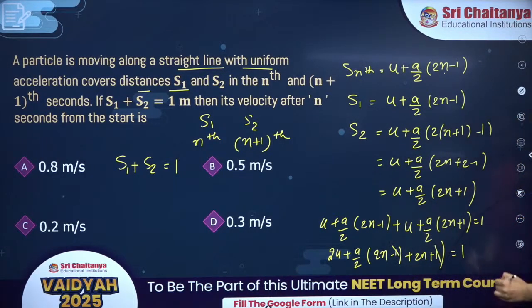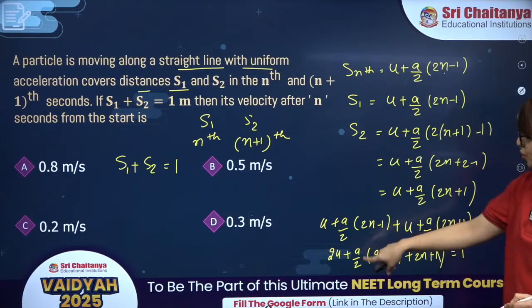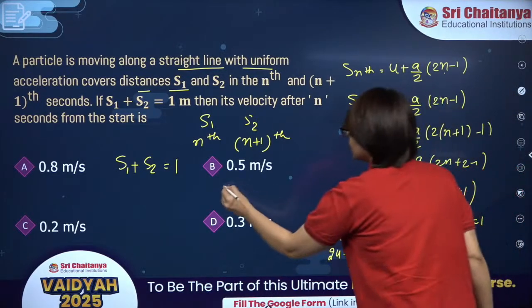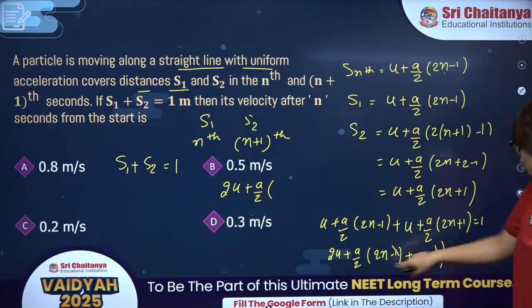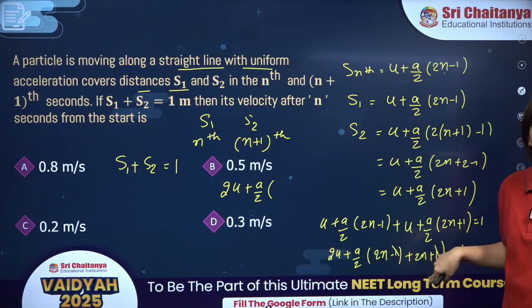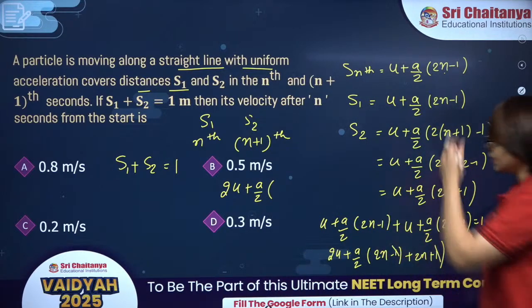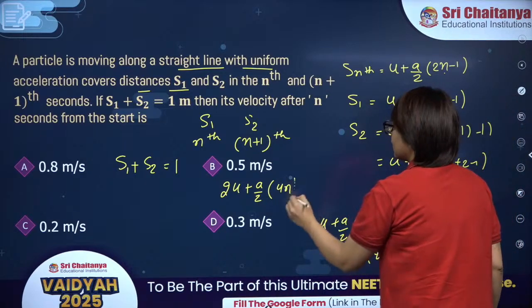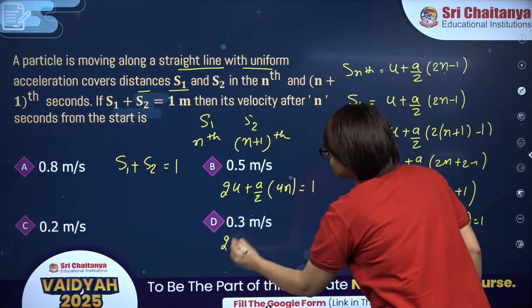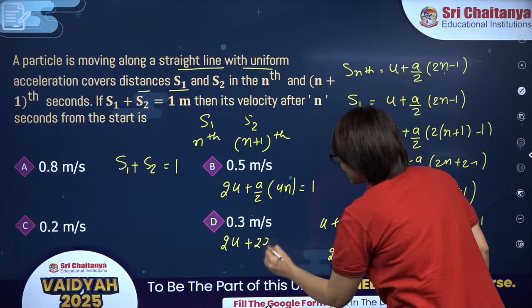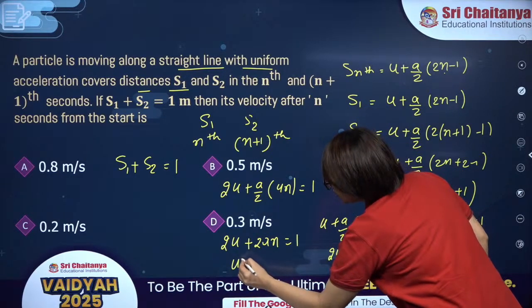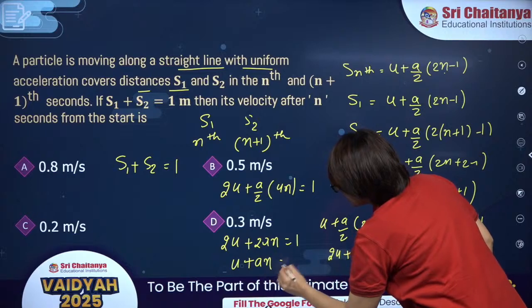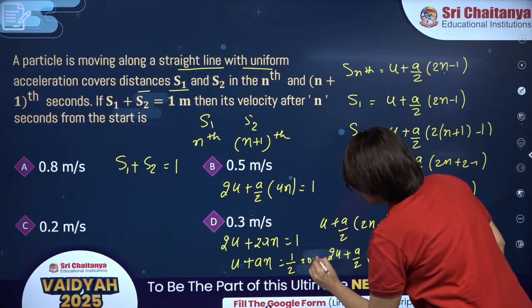Plus 1 minus 1 cancel. So what do we have? 2u plus a by 2 into 4n is equal to 1. So it is 2u plus 2an is equal to 1. So you can take 2 common. So it is u plus an is equal to 1 by 2, which is equal to 0.5.